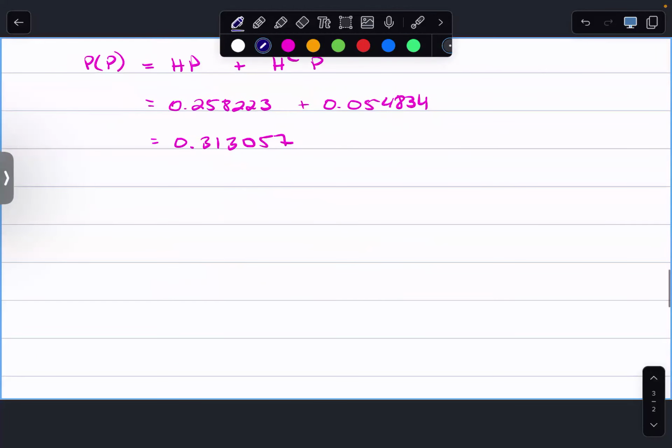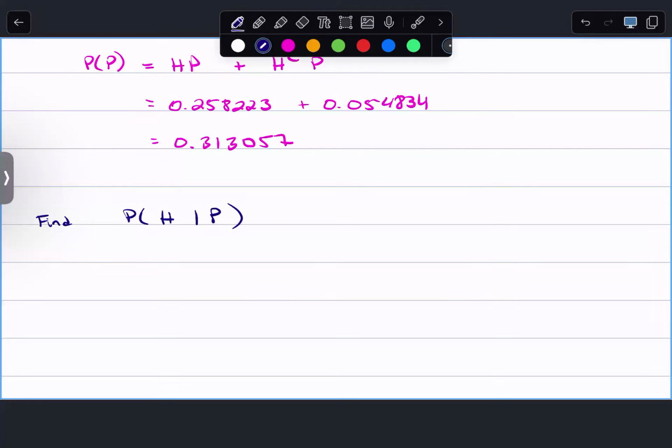And so what I want to find is the probability of H given that they tested positive. That's not easy to do, right? To take that sentence and convert it into a probability statement takes practice, but the more of these that you read, you'll start to see the pattern.